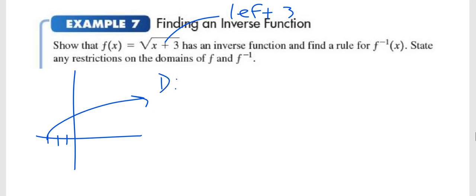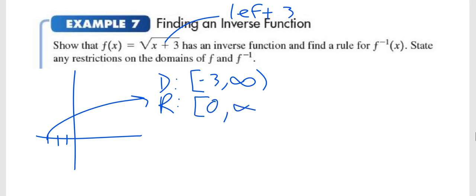What's the domain? -3 to infinity. What's the range? 0 to infinity, right? Smash it all on the y-axis and see what you get.